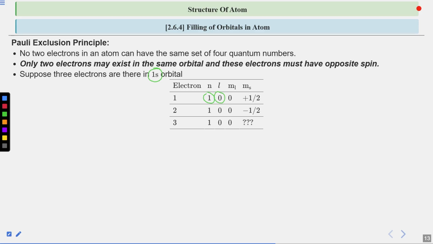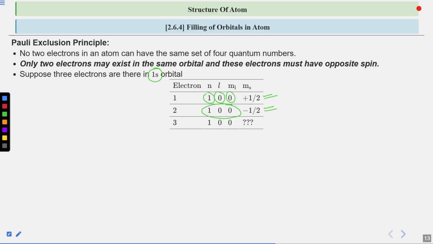The value of l is 0. The value of ml is again 0 because for the s orbital, only one value of ml is possible. Suppose the electron has spin plus half. For the second electron, we take all 3 values the same because again we are considering the 1s orbital, but we take the spin as minus half.